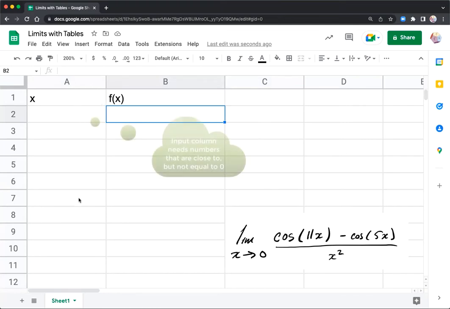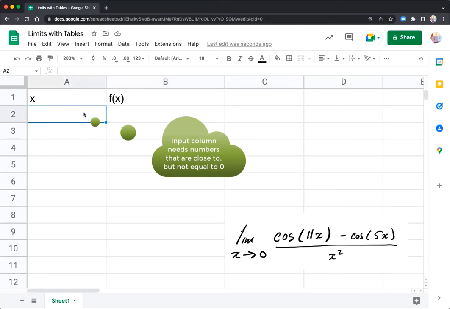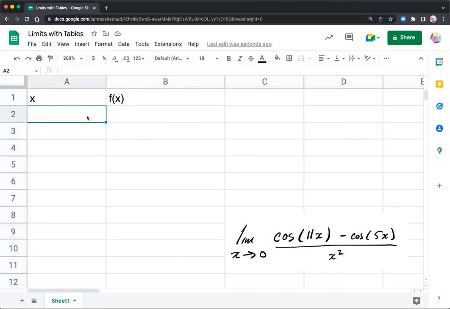So in my x column, I'm going to choose a bunch of numbers that are getting closer and closer to 0. I'm going to use the same kind of pattern that I used in the lecture videos and the Desmos video. I'll type them in here. I click the cell and type the number 0.1 and enter it. Right below it, the number 0.01.